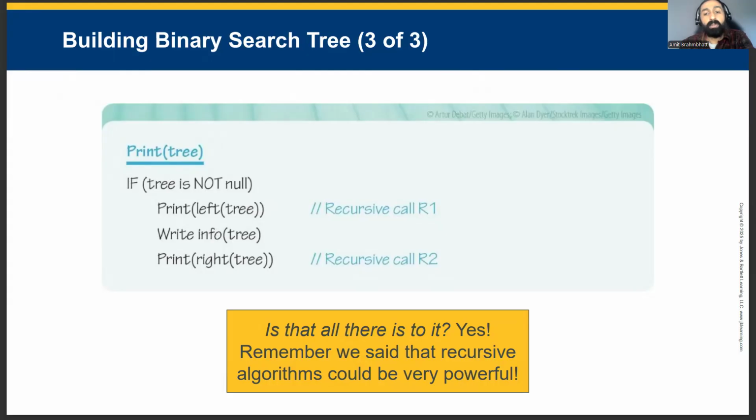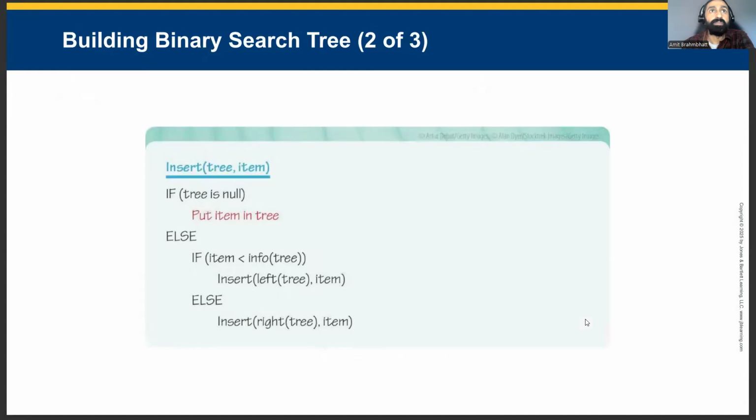So it's a good example of mastering recursion and how it can help you express complex operations in simple, intuitive code. Particularly in the algorithm, we see that recursive call R1 and recursive call R2 are being made to the left and right of that tree until the tree is not null, and that's how the tree gets printed.